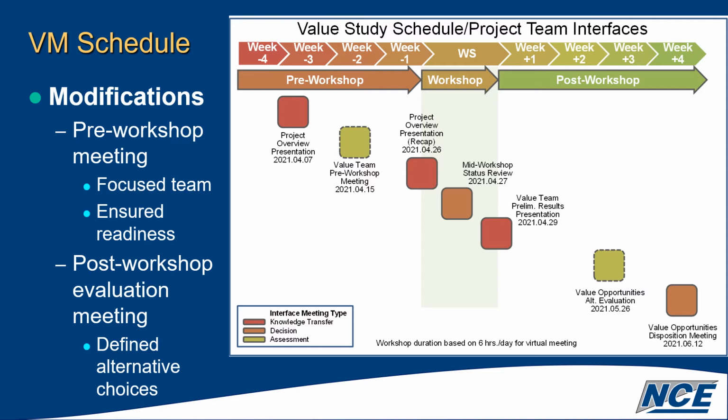Later on, after the workshop, we included an evaluation meeting where we took a lot of the input information and had a chance to reflect on the inputs, modify, and get some better up-to-date info. That was just the thing to do here, because we were able to collect a lot of additional information from the design team that we didn't have access to during the workshop, and we were able to proceed with making some of these affordable solution choices that we're going to talk about.